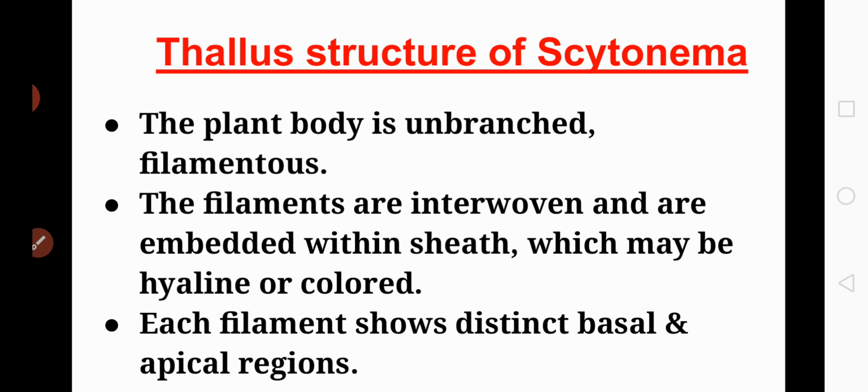The plant body is unbranched and it is filamentous. The filaments are interwoven, meaning they are network-like, and are embedded within the sheath, which may be hyaline or colored. Hyaline means colorless. Each filament shows distinct basal and apical regions.